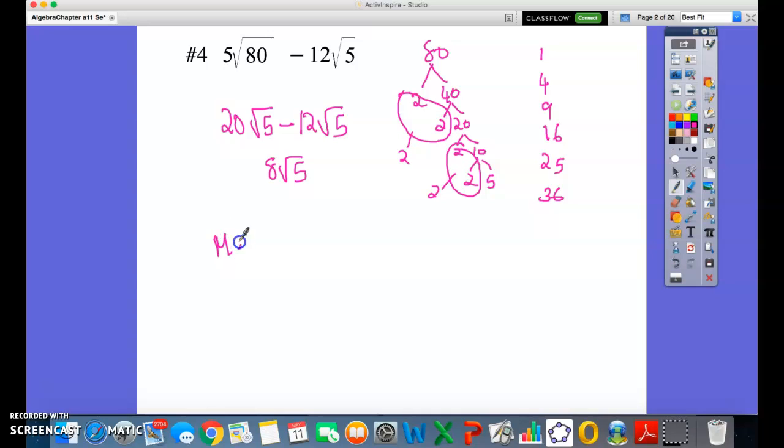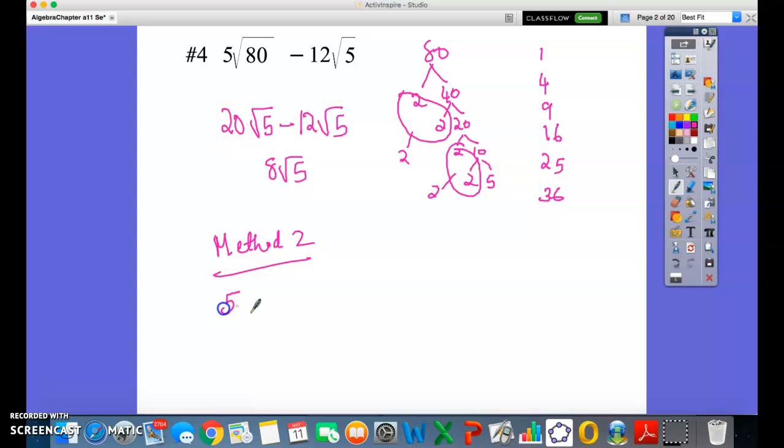So method 2: find the biggest perfect square number that goes evenly into 80. 4 goes into 80, but that's not the biggest one. 9 won't go into 80. 16, yes, 16 goes into 80, right? And 25 won't go, right? So I can say 16 times 5 is 80.